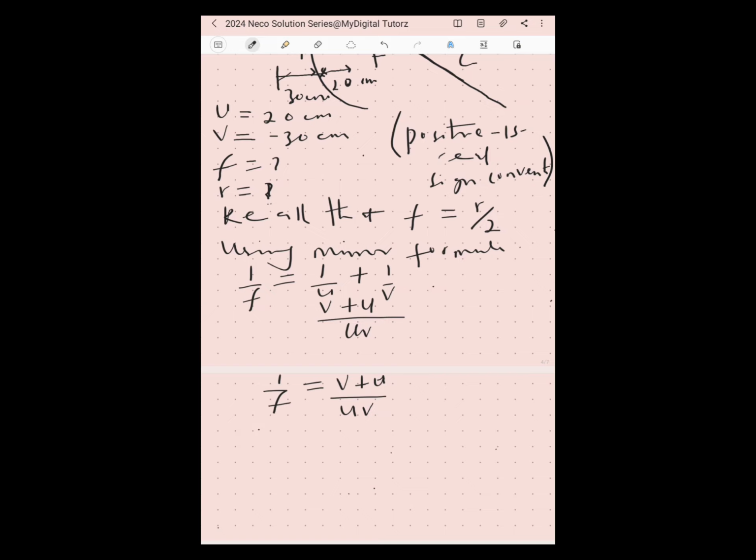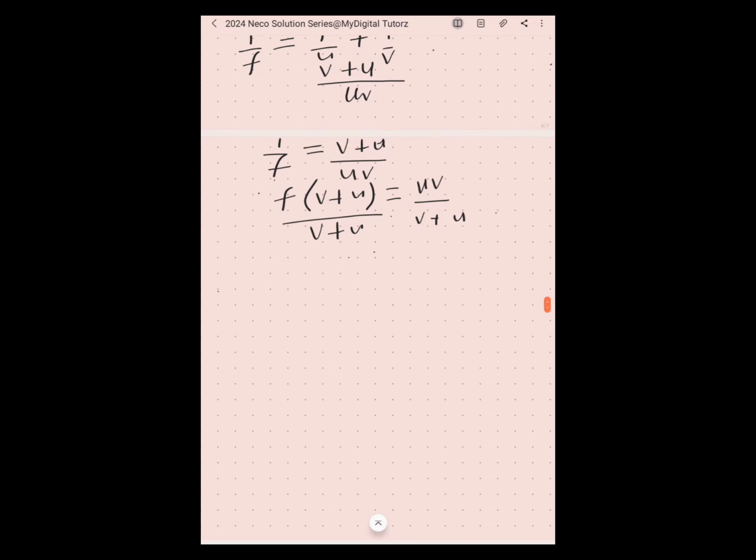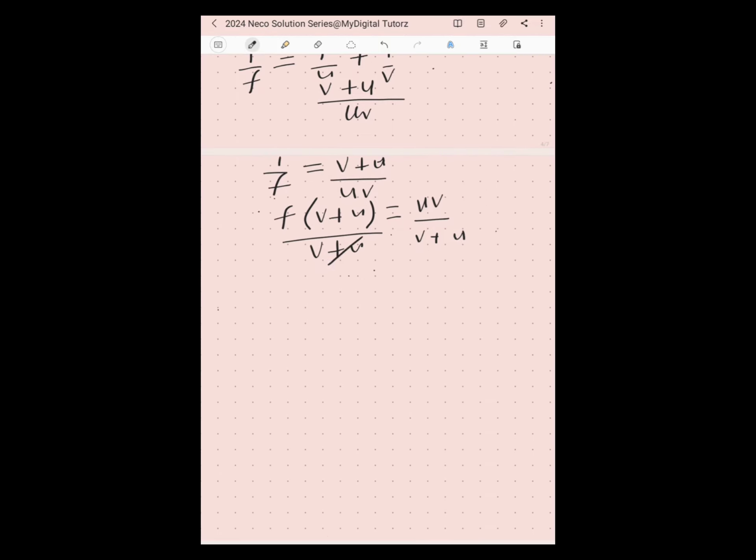So let's cross multiply, meaning that f multiplied by v plus u is equal to 1 multiplied by uv, that is uv. Then for us to have f, we divide both sides by v plus u. Then we cancel this, we are left with f equal to uv all over v plus u.